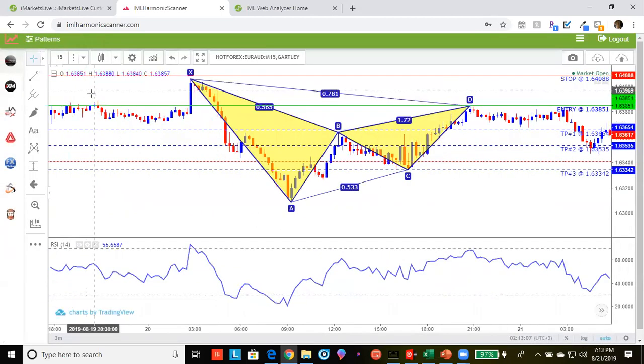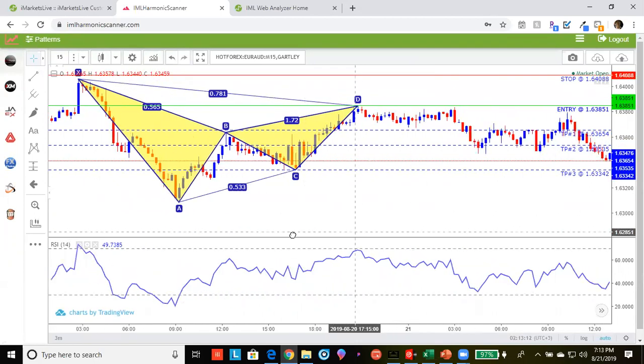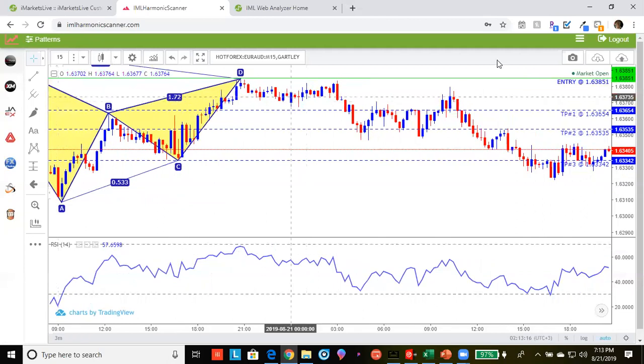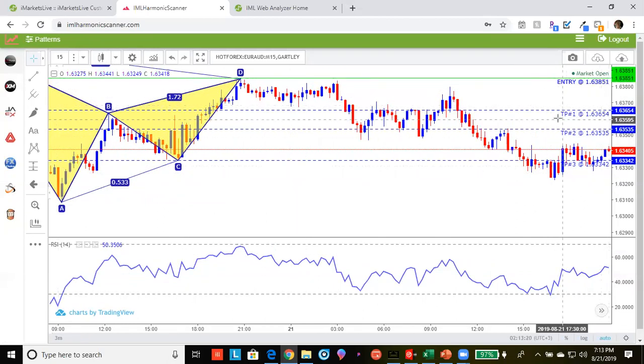So I open up the chart. This chart actually is already gone. As you can see on the right-hand side, the Harmonic Scanner gives us the answers. From this D point, can somebody tell me, is this a buy or is this a sell?